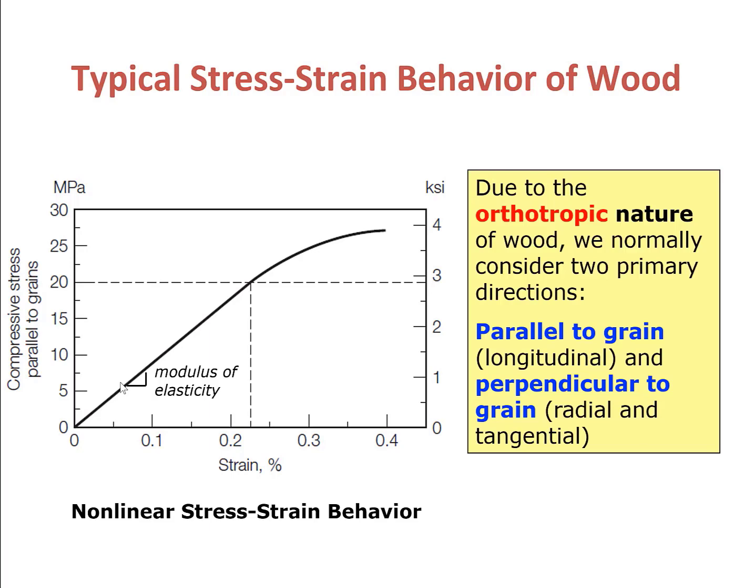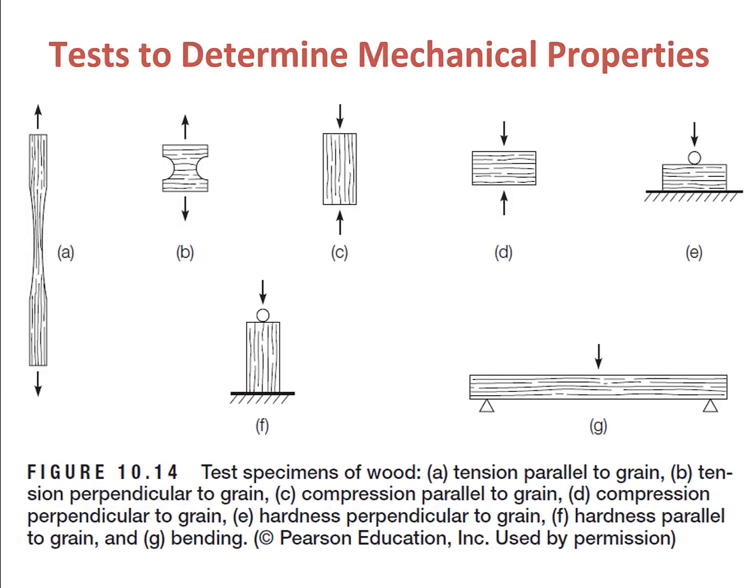Due to the orthotropic nature of wood, we normally perform mechanical tests on wood samples in two different directions. One is parallel to the grain, which is the longitudinal direction, and the other one is perpendicular to the grain, either in the radial direction or in the tangential direction.